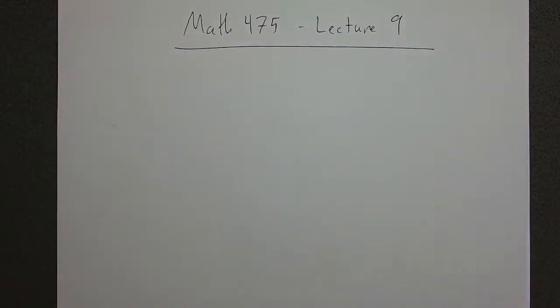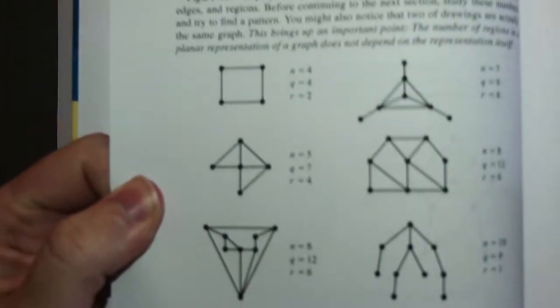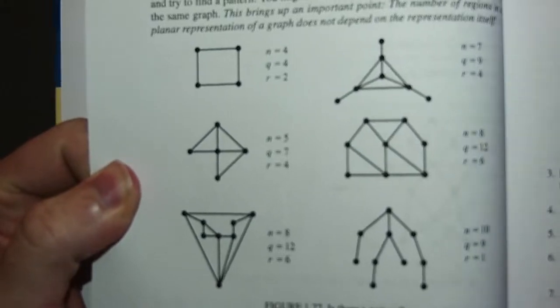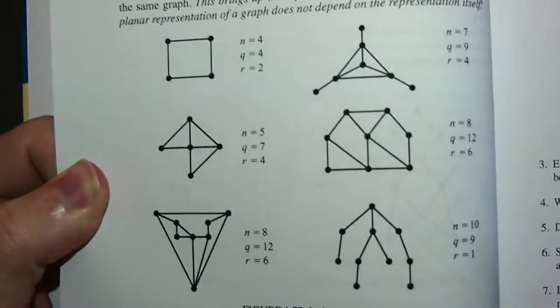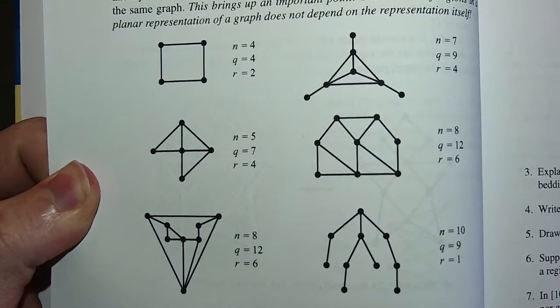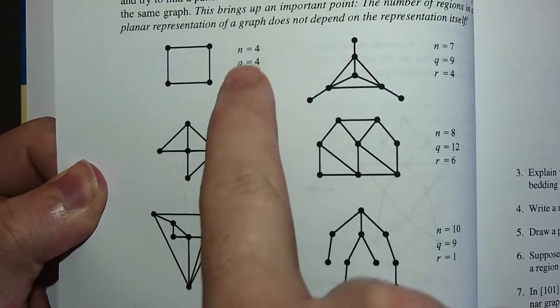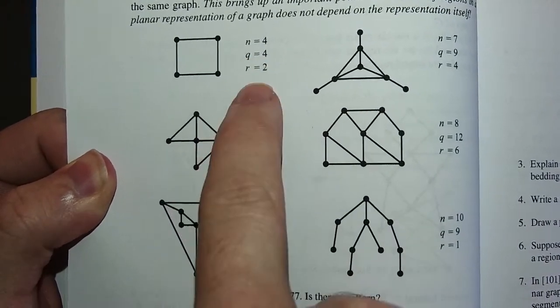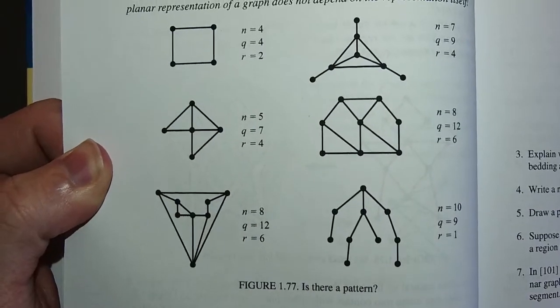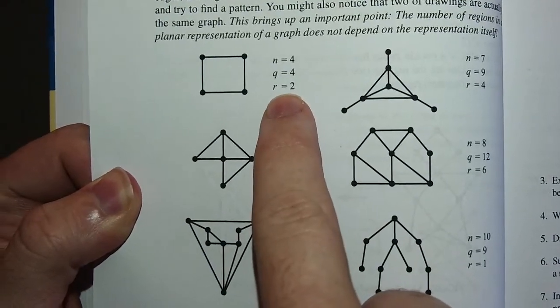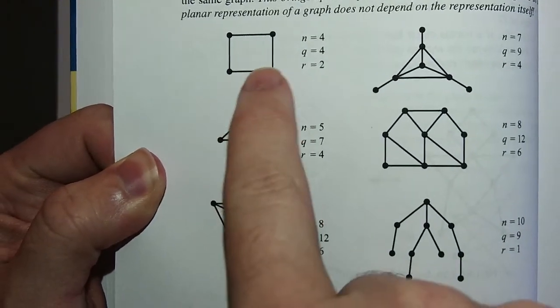So the examples mentioned, if you don't want to go and look at the last lecture, here were a few of those examples. These are all planar graphs. Look, in each case, the number of vertices is n, the number of edges is q, and the number of regions present is this R. You might look at this and say, why are there 2 regions?